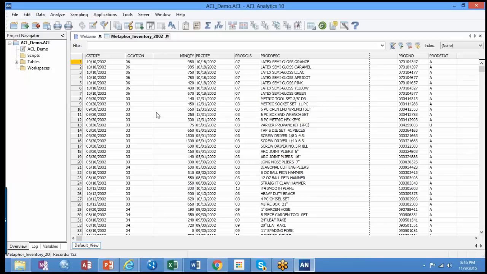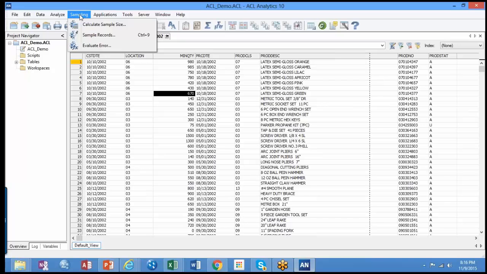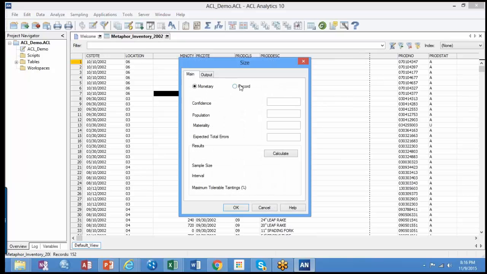In any event, I just want to show you how this works. We have 152 items, but I'm not really interested in these items. What I want to do is go to the sampling, and calculate a sample size. So we're really talking about a record.